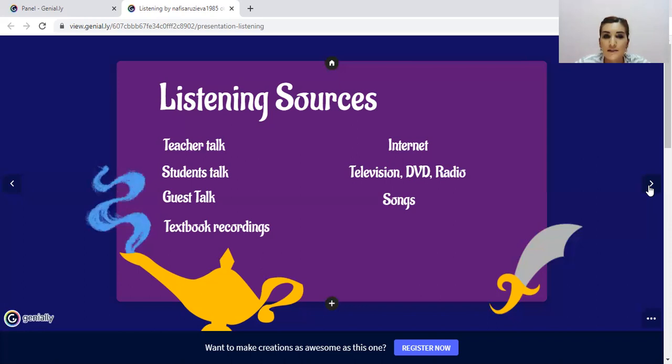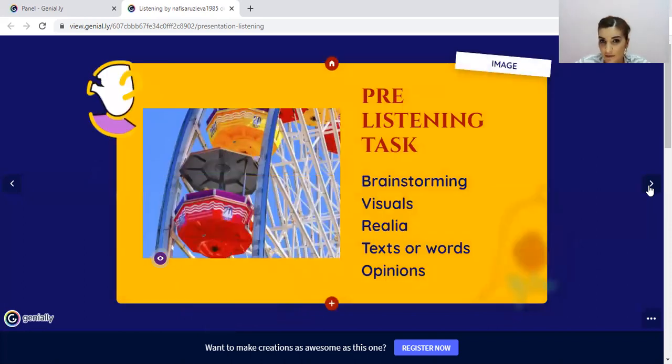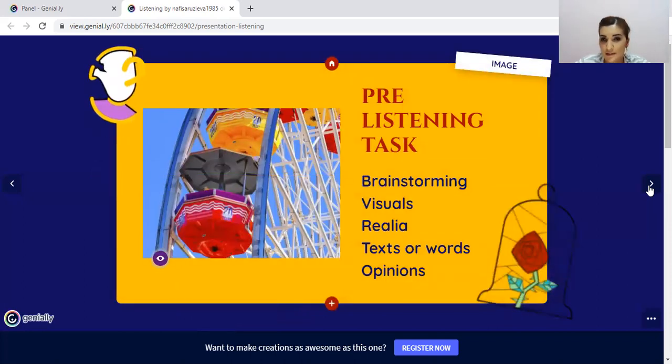The next is the pre-listening task. Why should we use the pre-listening task? The first one, brainstorming. The second, visuals, realia, text or words, and students' opinions. These are pre-listening activities.